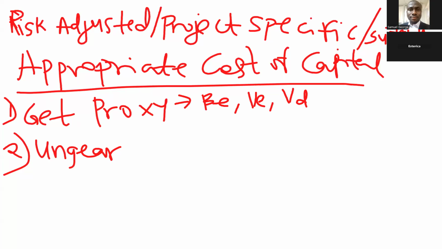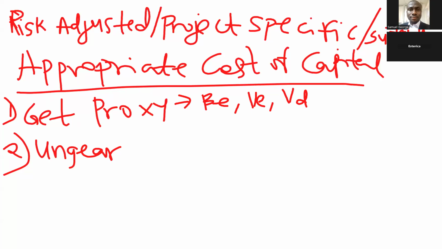Which is the reason you have to remove the proxy's financial risk away from the beta that you got, which is the beta equity. So we are going to remove the financial risk from inside. This beta equity we got from proxy, you are going to turn it to beta asset. That's why we say step 2 is ungear. You are ungearing the beta.